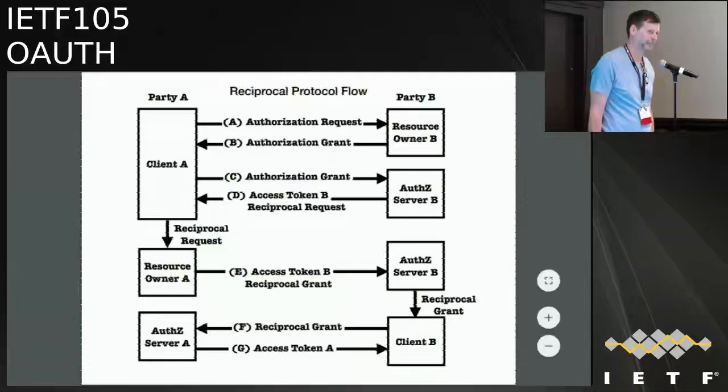So, go ahead, Anand Sakimura. When I was reading, I wasn't really sure the first time whether we are talking about at least two, or if there are two resource owners or just one. In this case, it's just one resource owner doing the authorization for both parties, right?